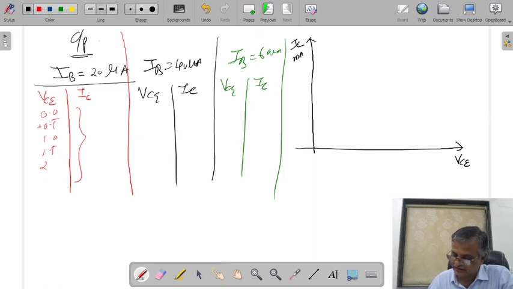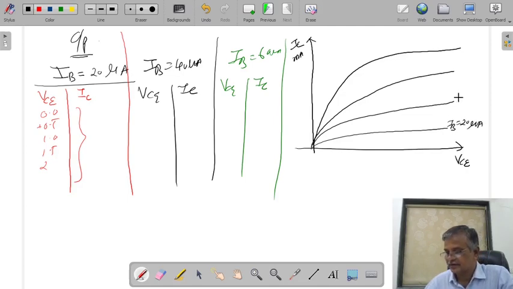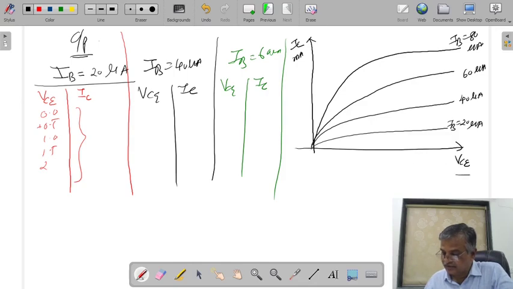I am showing you like this. Base current 20 microampere, 40 microampere, 60 microampere, base current 80 microampere. So this is known as the output characteristics.